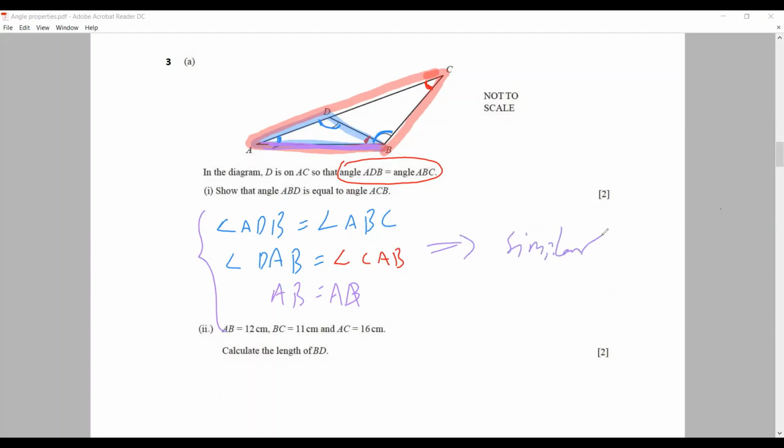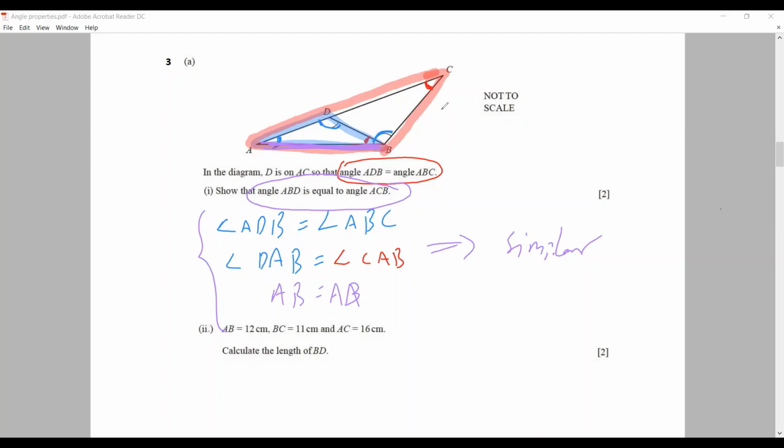And if they are similar, therefore, you can conclude that these two angles, right, they are equal. So there is a similarity between these two triangles, and we proved that. And then same as the previous question, we are provided with the lengths of the three sides.